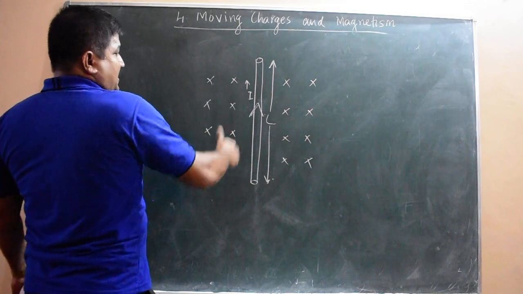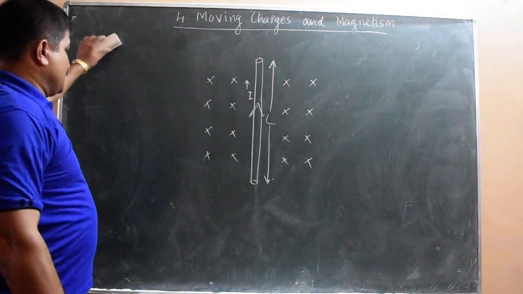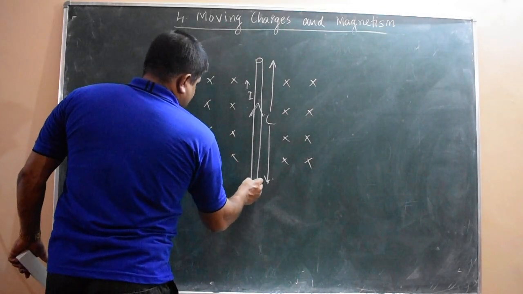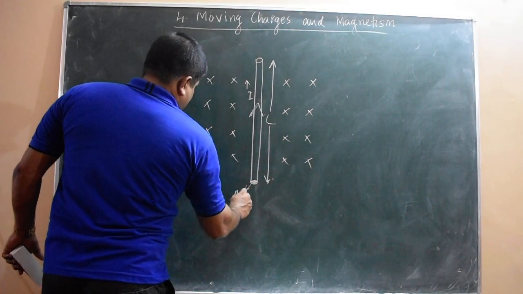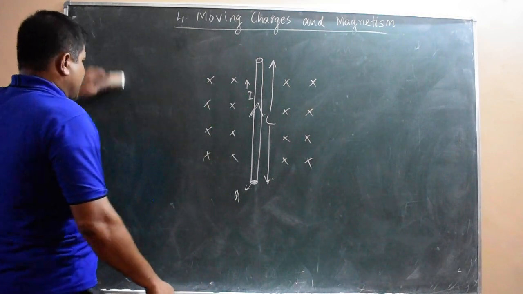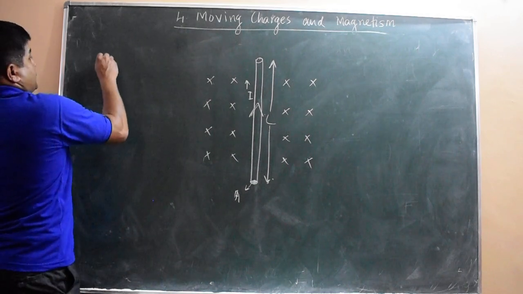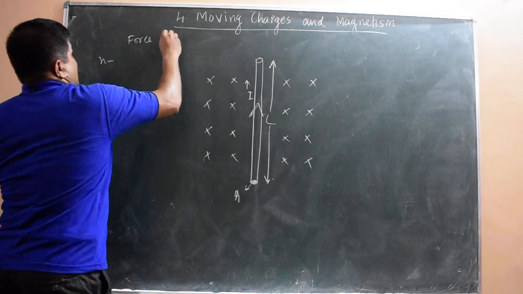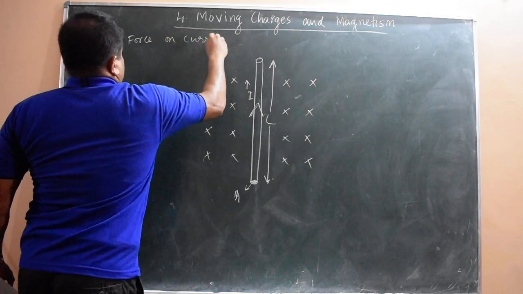Then this conductor experiences a force. The conductor has cross sectional area A and length L, and let N be the number density of charge carriers.